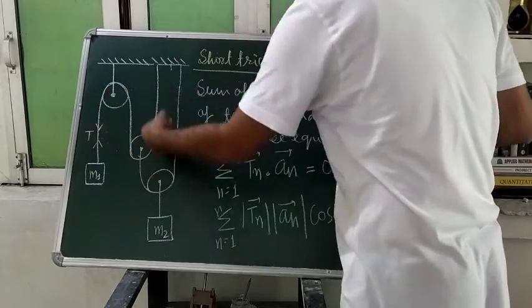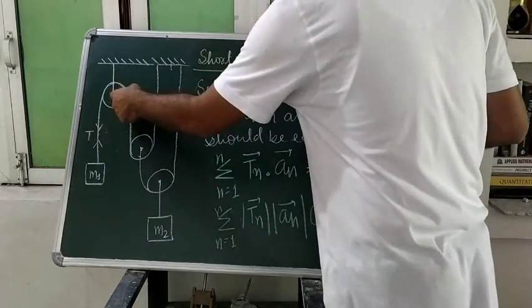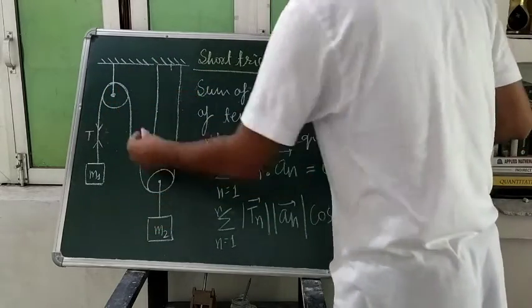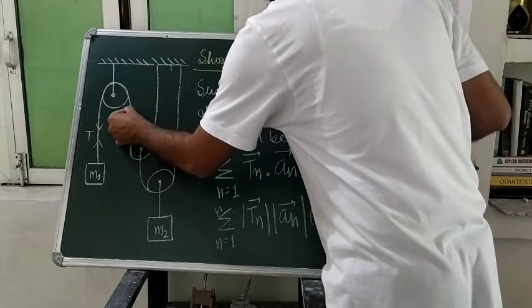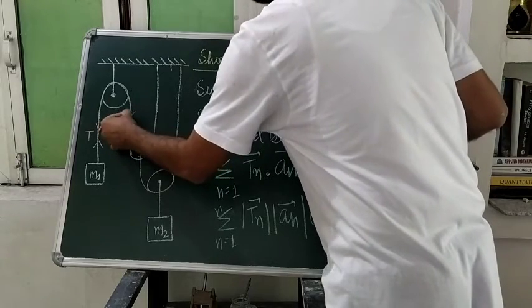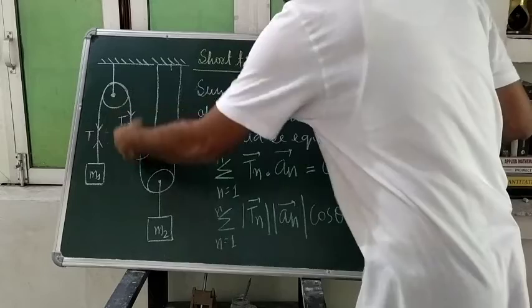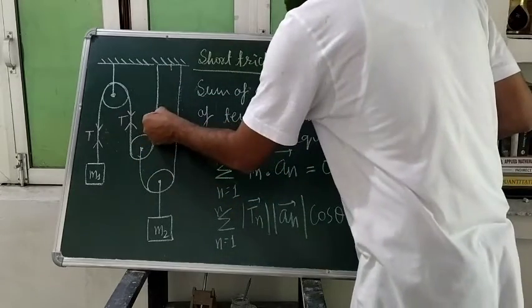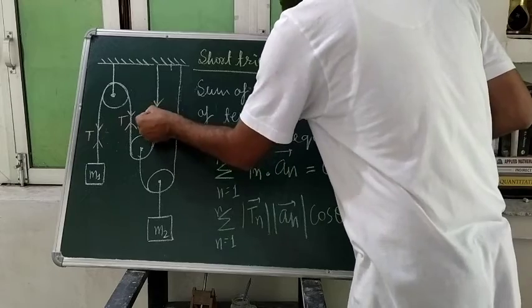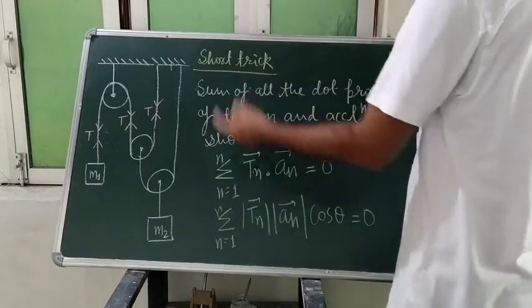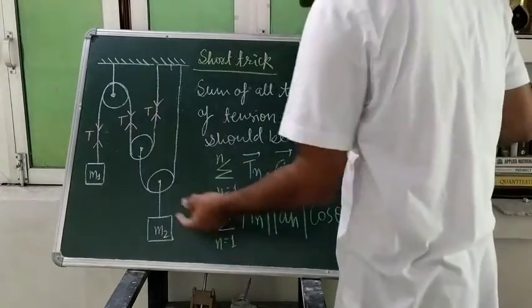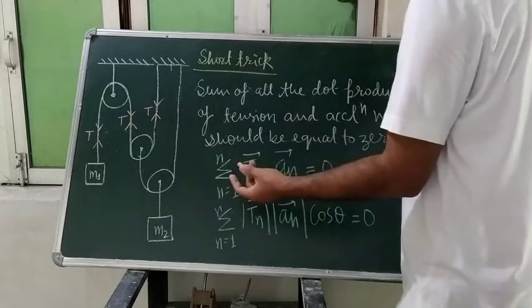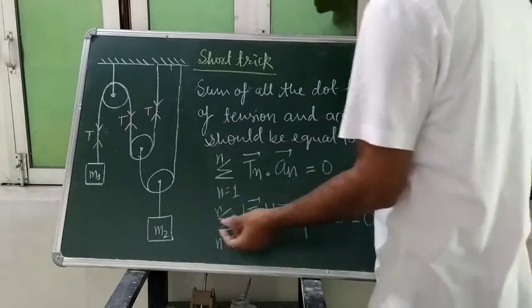Since it is the same string going over this frictionless and massless pulley, the tension on the other end will also be the same. Again it goes over a frictionless and massless pulley, so the tension here also becomes the same. They come in pairs, as I have told you: for the different objects of interest, they will be in opposite directions.